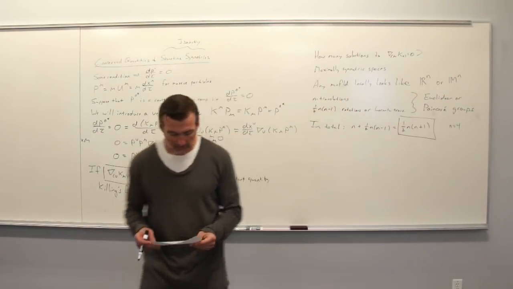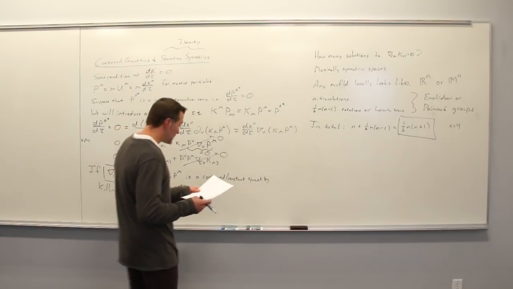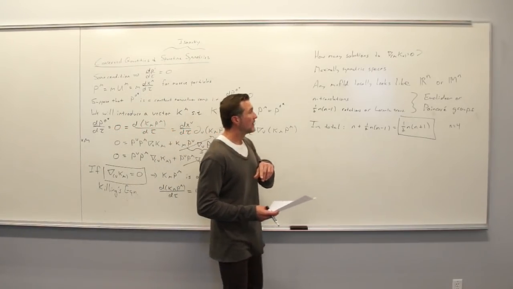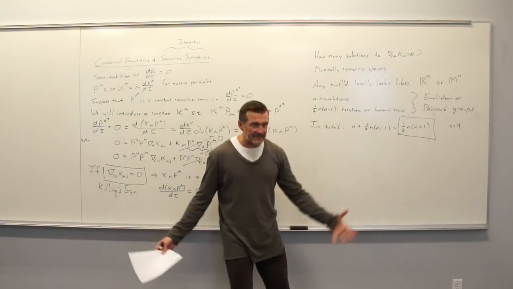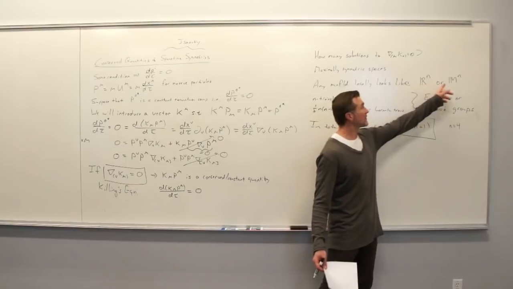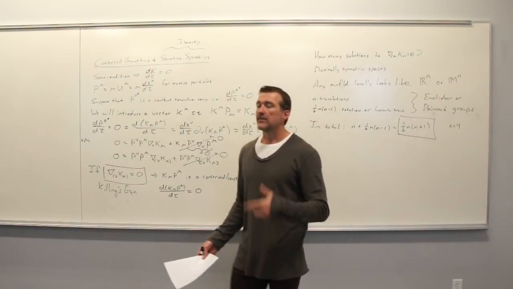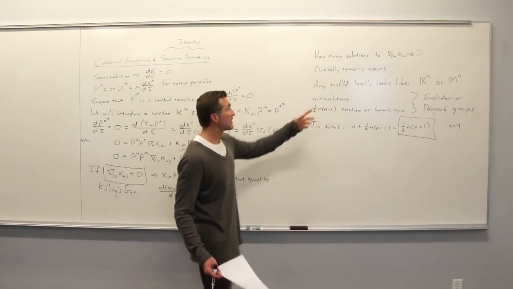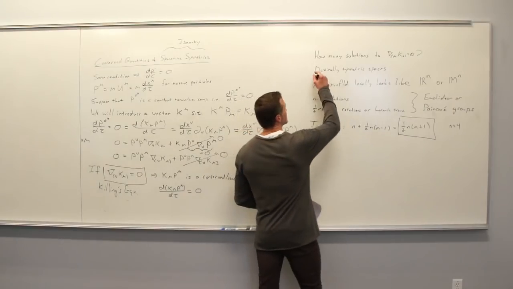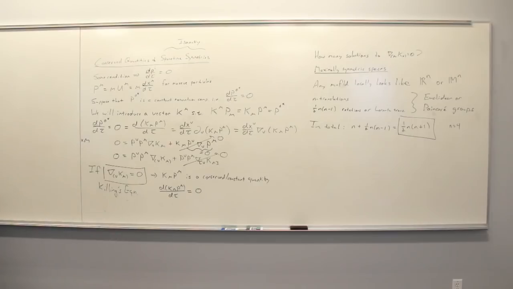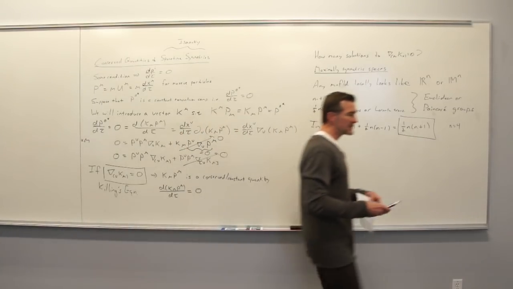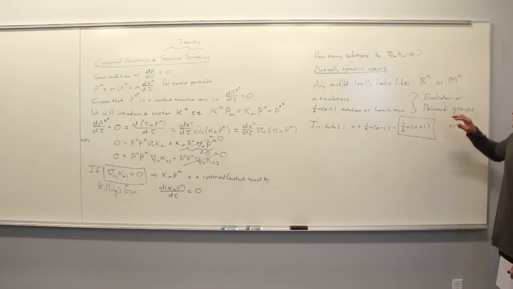Okay? If, however, the whole space has as many Killing vectors as either of these, then that space is, by definition, a maximally symmetric space. Now, you might think that to have a maximally symmetric space, you have to have one of these two things.